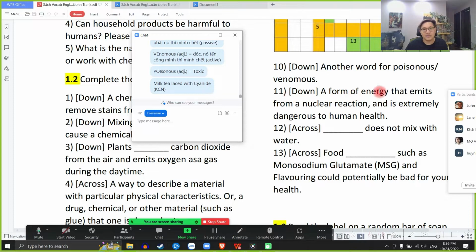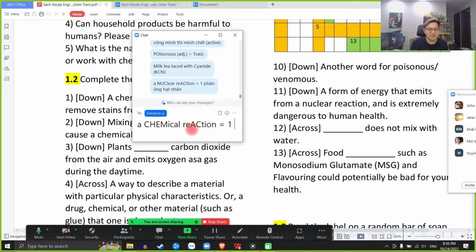11. A form of energy that emits from a nuclear reaction, một cái dạng năng lượng mà nó phóng thích ra từ một cái phản ứng hạt nhân. A nuclear reaction. So we have another one. A chemical reaction. React là phản ứng lại.